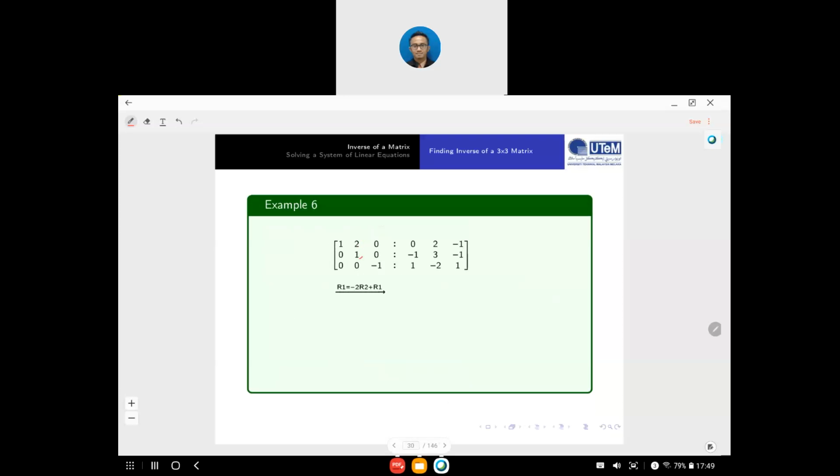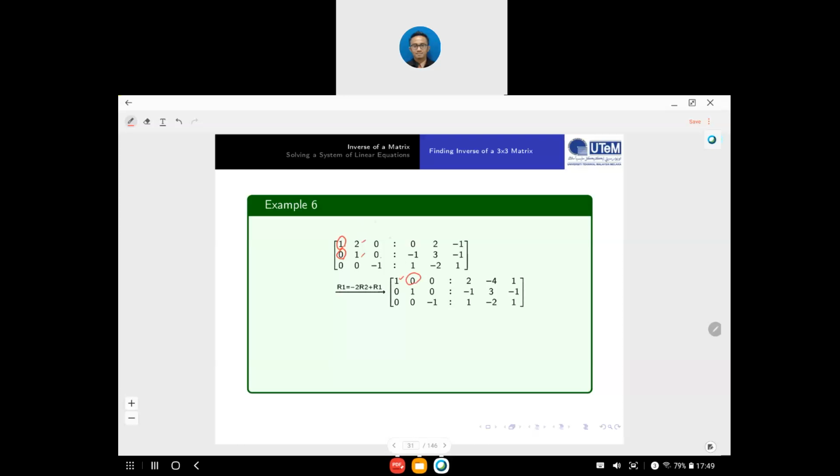Row 1 equal to negative 2 row 2 plus row 1. So again, you just copy back. Okay. So negative 2 times 0 plus 1 become 1. Negative 2 times 1, negative 2 plus 2 become 0.